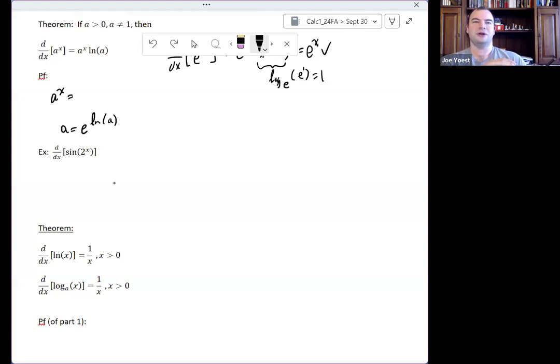The e to the power and the log base e kind of undo each other. They're inverse functions. So this means that a to the x is e to the log base e of a, to the power x, or that is e to the power log of a times x.